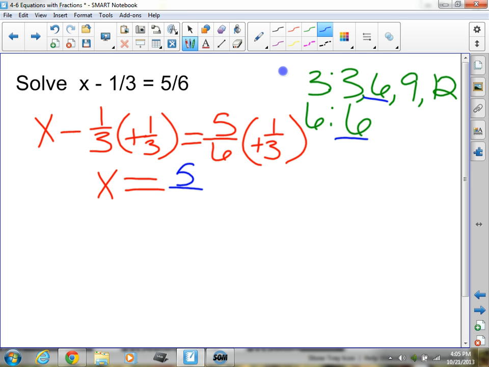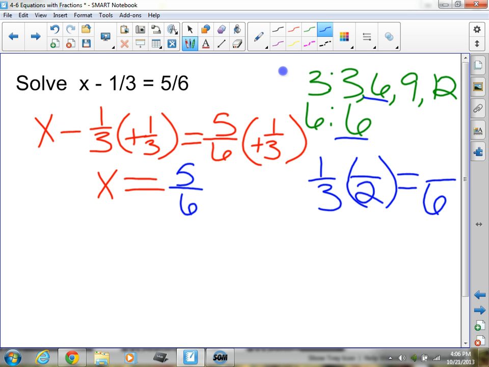So I have 5/6. Now I need to look at 1/3. In order to change 1/3 to have a denominator of 6, I need to multiply by something. 3 times what number is 6? Well, 3 times 2 is 6.